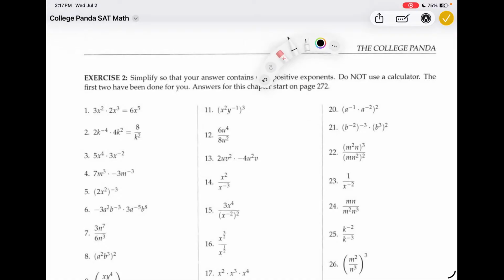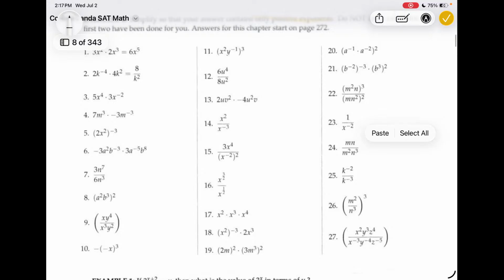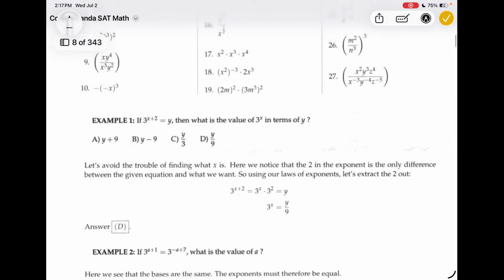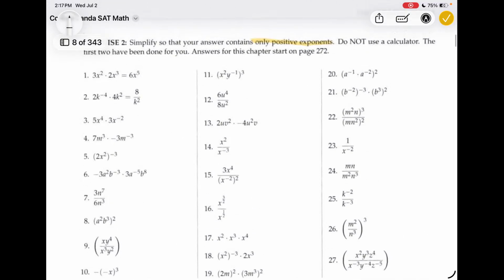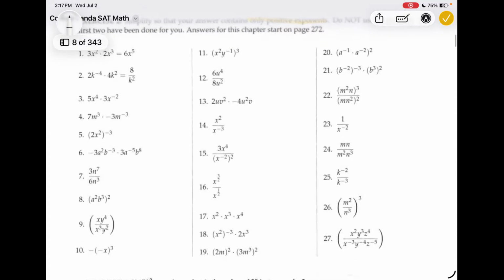What do you mean only positive exponents here? First two have been done for us. 27 problems. Wow.